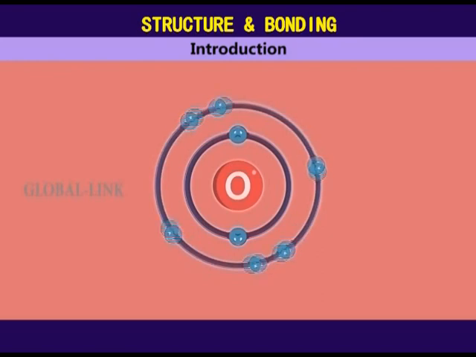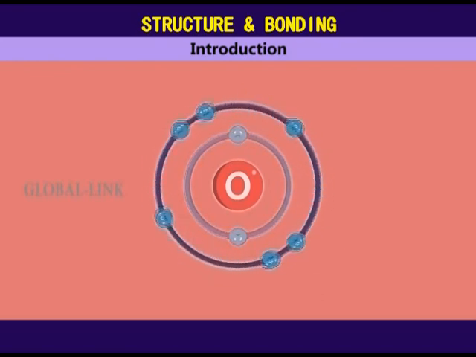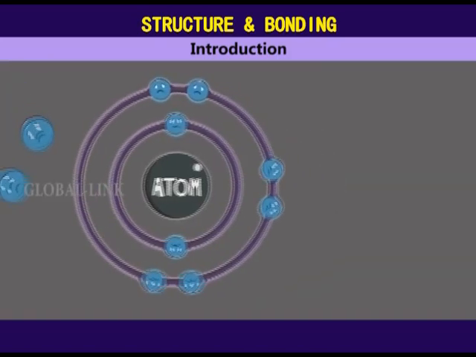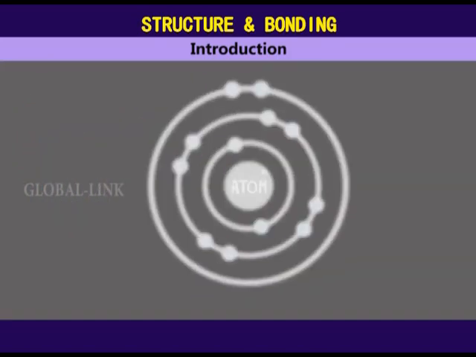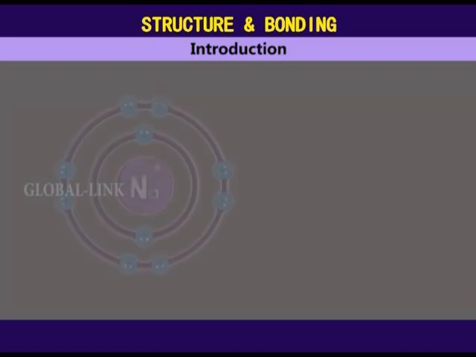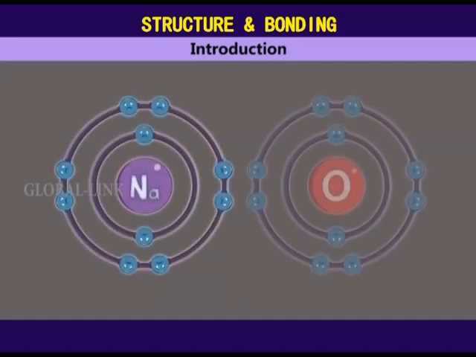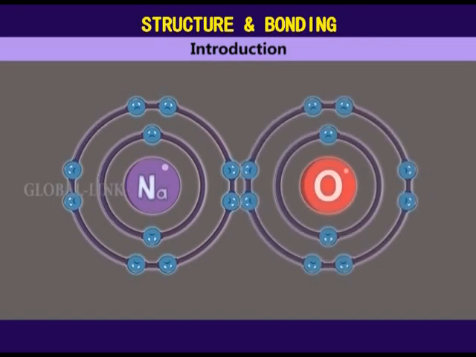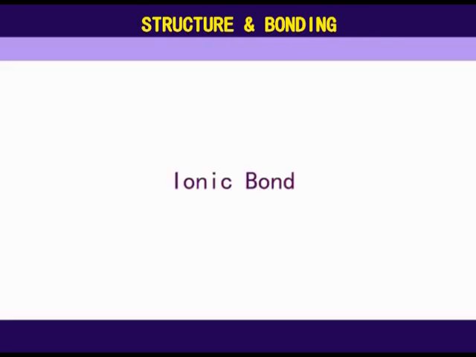All other atoms tend to gain stability by having a filled outermost energy level. They can do this by either gaining extra electrons or losing the excess electrons, whichever is easier. The ions formed then combine in our first bond, the ionic bond.